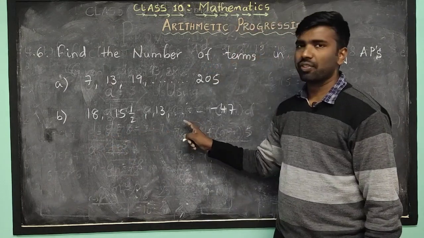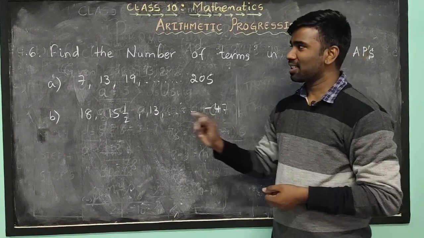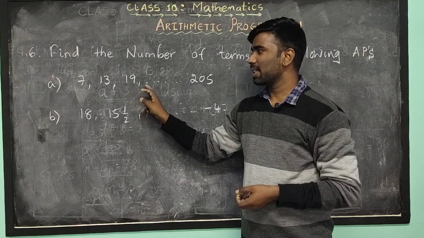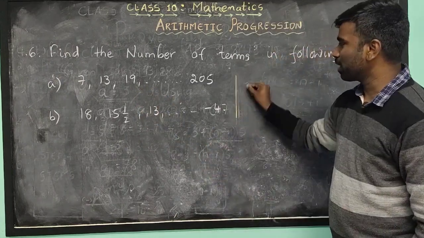In the same way, you can find out the value of n. Based on the understanding of the fifth question, try to solve the sixth question, by finding the value of n. Try this question by yourself.